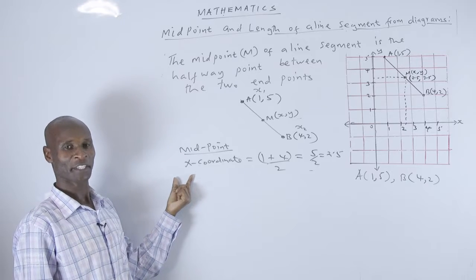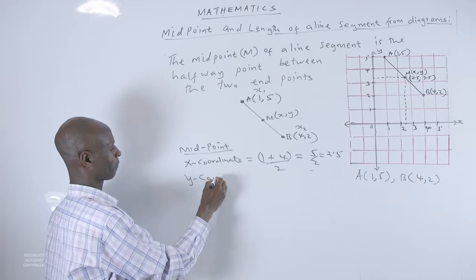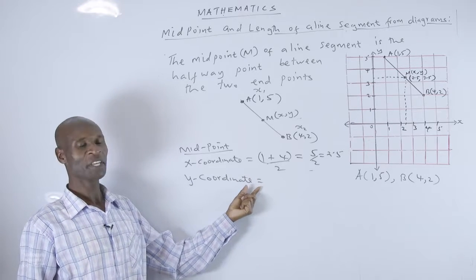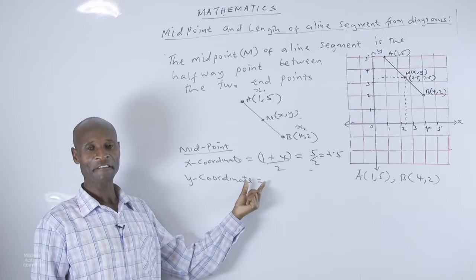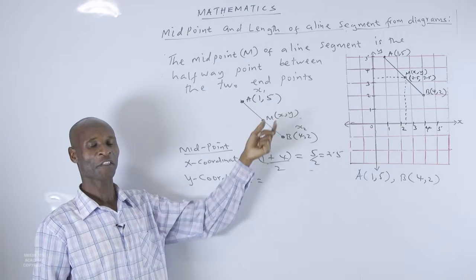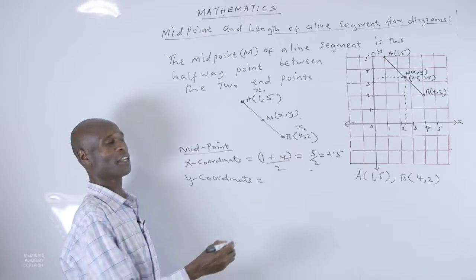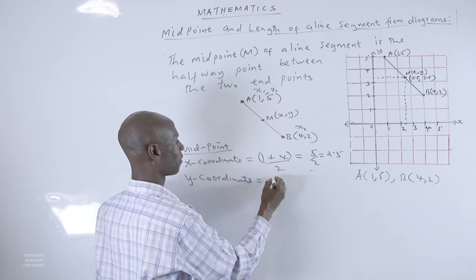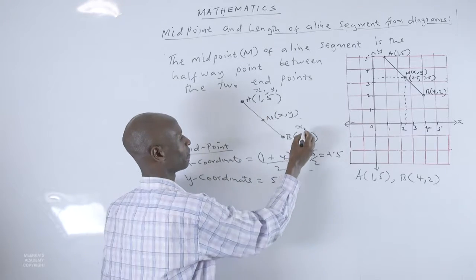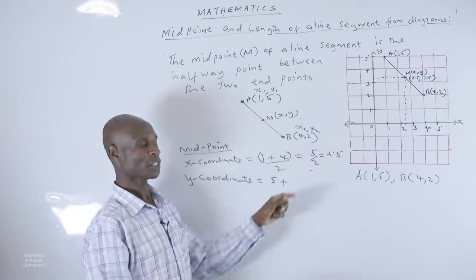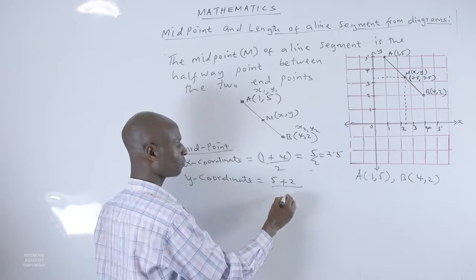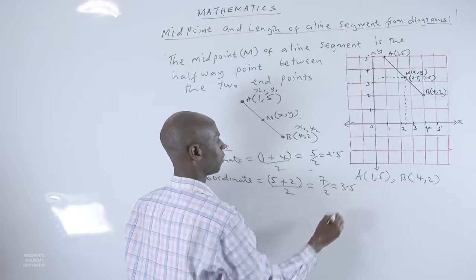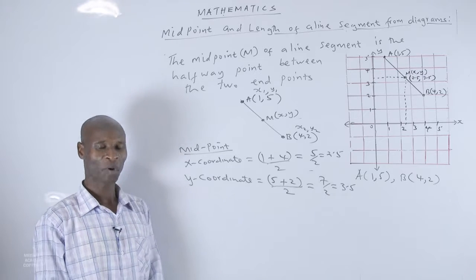What about the y-coordinate? For the y-coordinate of the midpoint, we shall again get the average of the y-coordinates for the endpoints. In this case, we shall take y1, which is 5, plus y2, which is 2, divided by 2. 7 divided by 2 is 3.5.